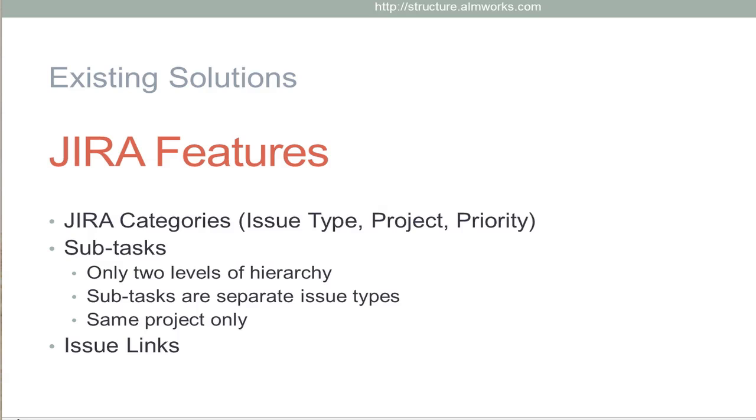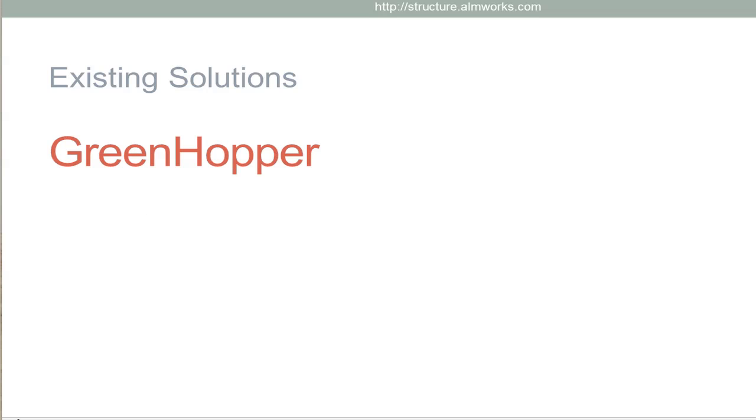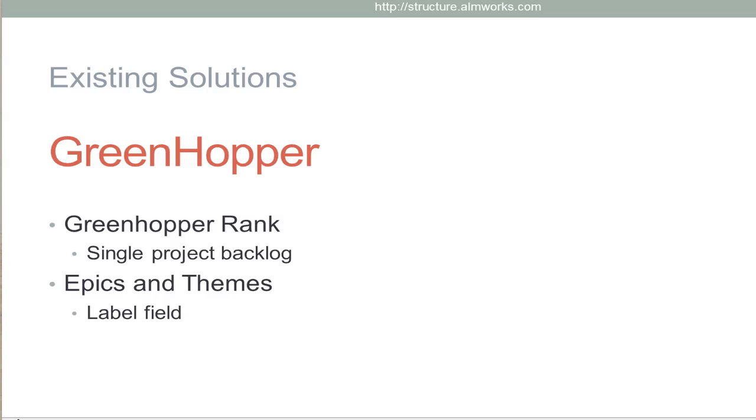And a subtask must come from the same project as the parent issue. Greenhopper does a pretty good job of solving the issue lists problem with the Greenhopper rank. So you can have a single project's issues ordered according to this backlog. But again, it's limited to a single project.